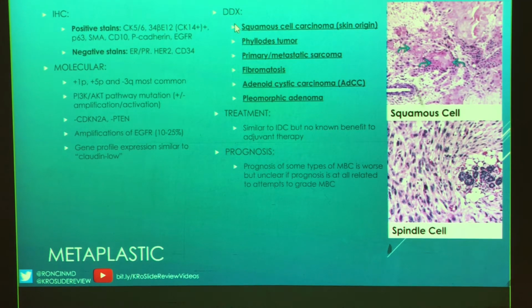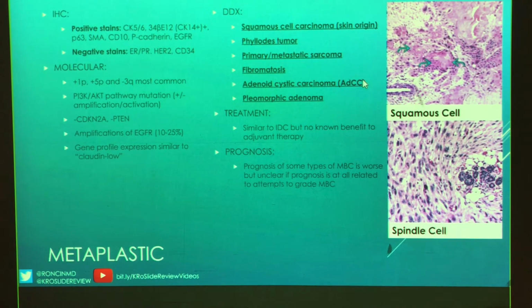And obviously your differential at the top is going to be, is this squamous cell carcinoma that's originating in the skin? Depending on, so these less likely to look like squamous cells, so this would involve the other types of metaplastic carcinoma. So Foley's tumor or fibromatosis, if it's something that looks more like fibromatosis, you can have adenoid cystic carcinoma.